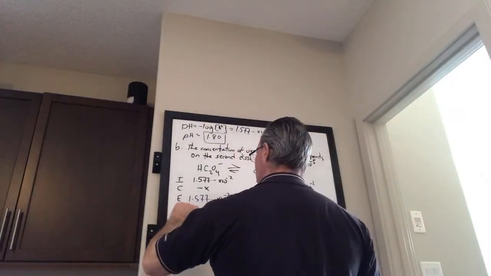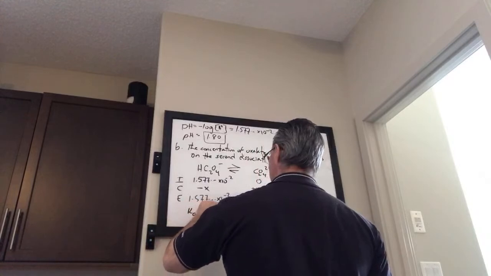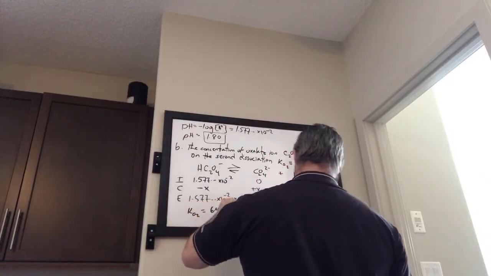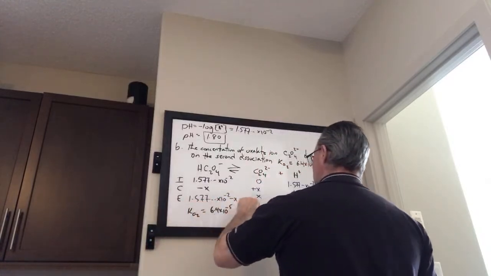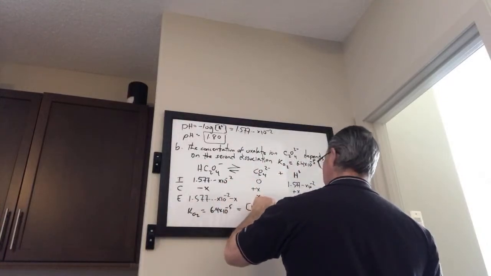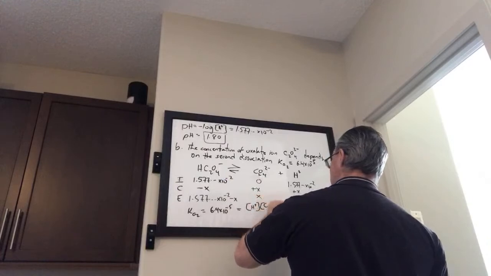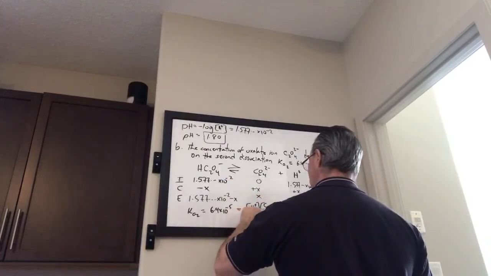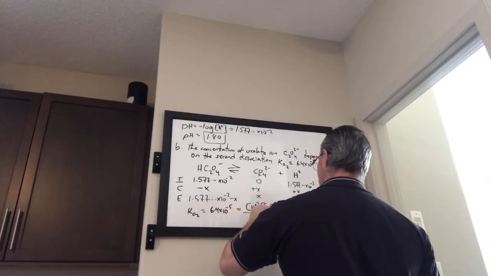So Ka sub 2, which is equal to 6.4 times 10 to the negative 5, is also going to equal the H+ concentration total times the concentration of oxalate anion over hydrogen oxalate anion concentration.